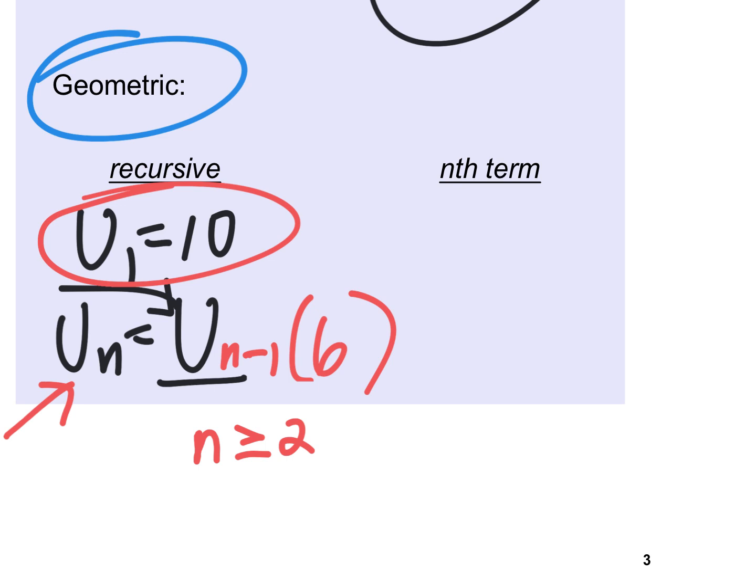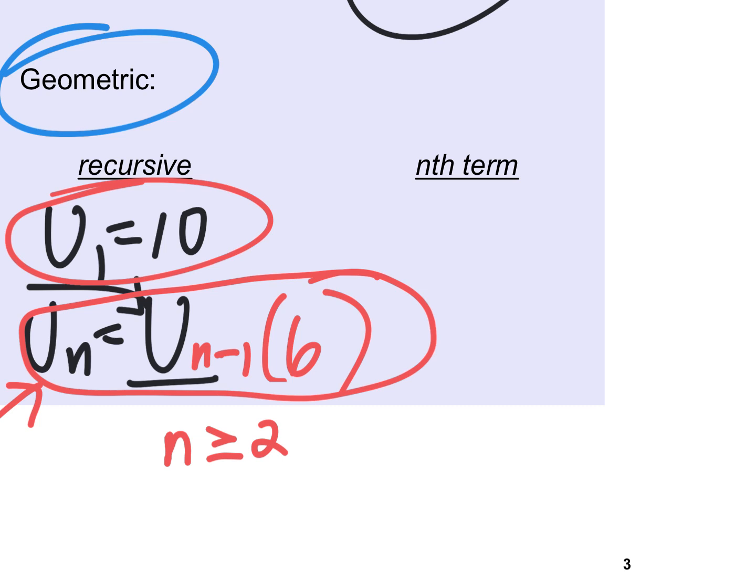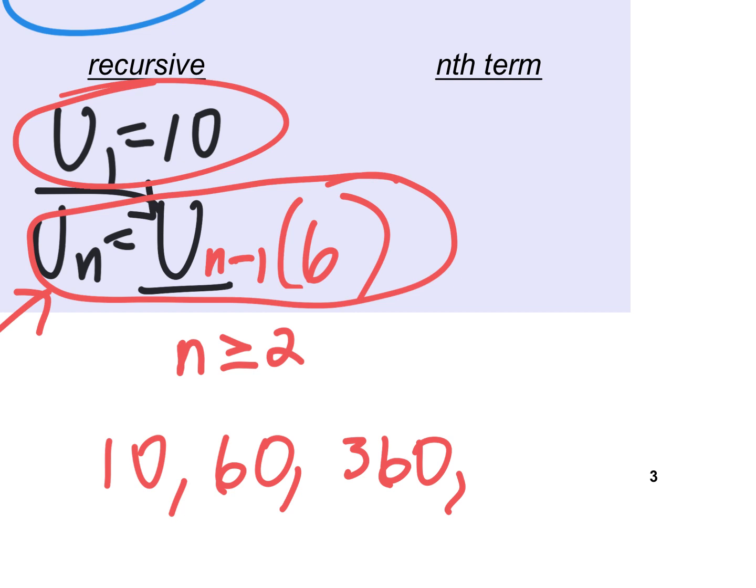All right. So the nth term, that's this part. But one of our formulas would tell us, so we don't have to actually do this. You don't have to go 10 times 6 is 60, times 6 is 360. And then you don't have to keep doing that in your head.